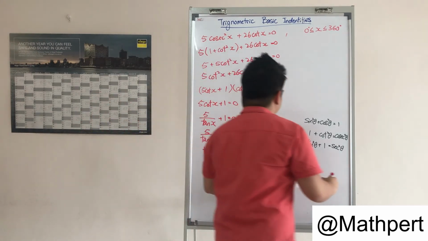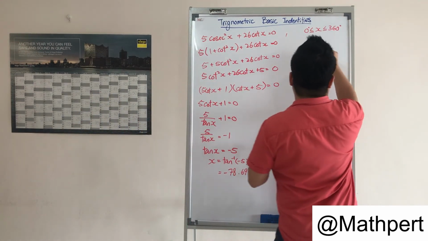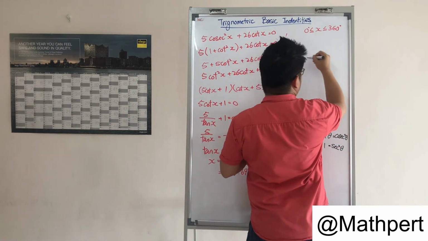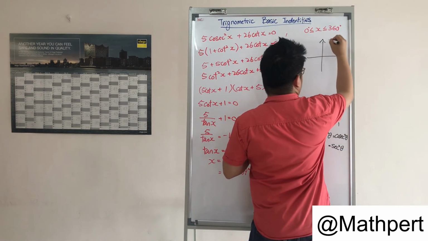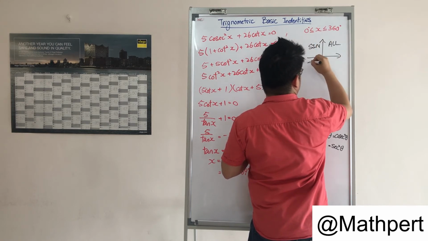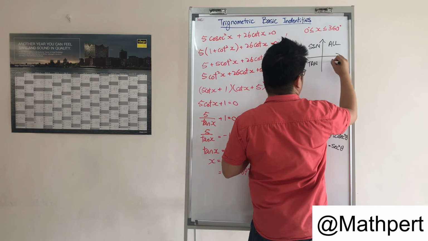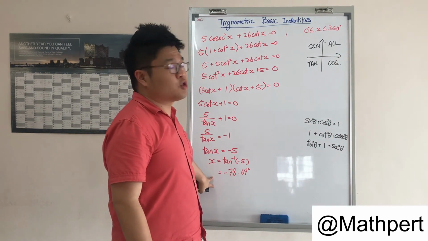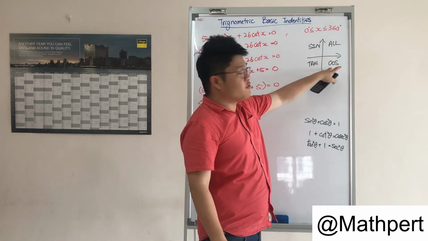So remember the diagram over here: all, sine, tan, cos. Negative tangent, which quadrants? Second and fourth quadrant.